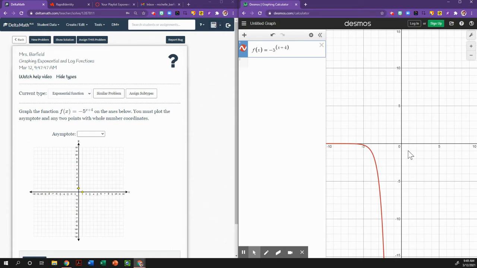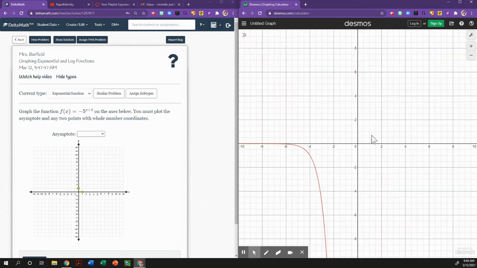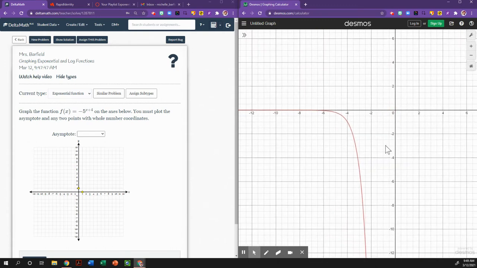Okay? All right, so now I'm looking here at this picture that I have here. It says you must plot the asymptote and any 2 points with whole number coordinates. The asymptote is the line this graph is getting really, really close to, but it's not actually touching.